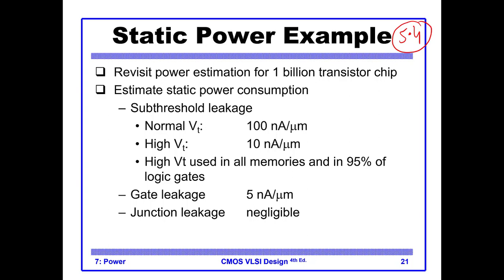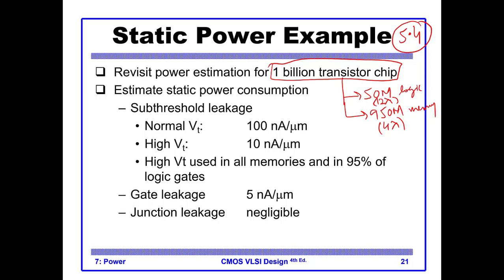So again, we have 1 billion transistors, in which 50 million are logic and 950 million are memory transistors. The memory transistors have a width of 4 lambda. The logic transistors have a width of 12 lambda.